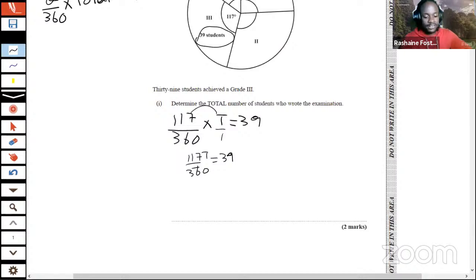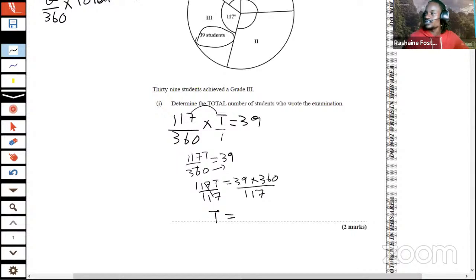What would we do here? We cross multiply. 117T is equal to 39 times 360. Then if we want to find our T, we divide both sides by 117. T is equal to, and if we plug that into our calculators, can you guys tell me what we are going to get for our answer right here?